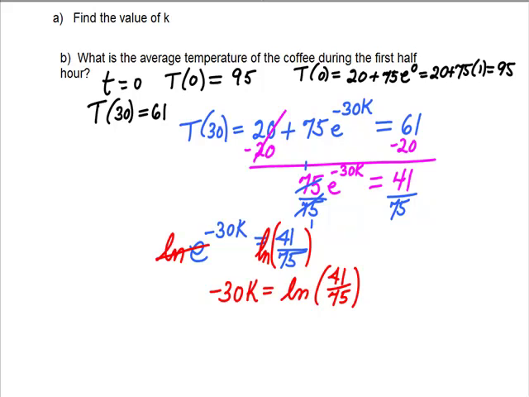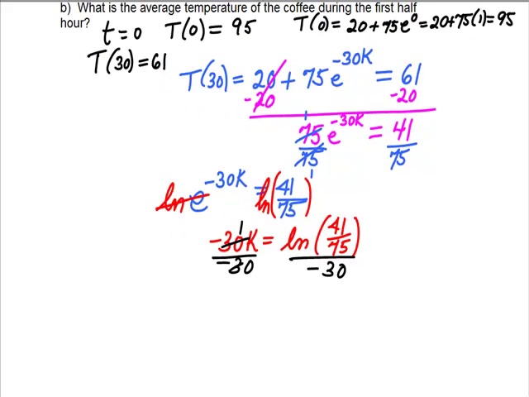So now we divide by negative 30, and that gives us that the exact answer is K is log 41 divided by 75 divided by negative 30. Okay, so the book wants us to use decimals, so this is 0.02013.